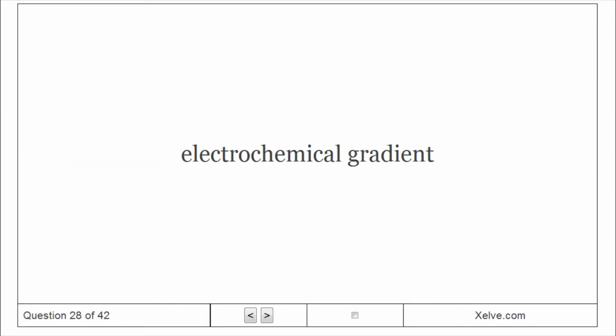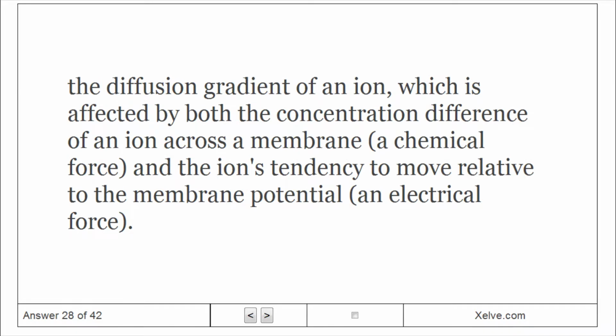Electrochemical gradient, the diffusion gradient of an ion, which is affected by both the concentration difference of an ion across a membrane, a chemical force, and the ion's tendency to move relative to the membrane potential, an electrical force.